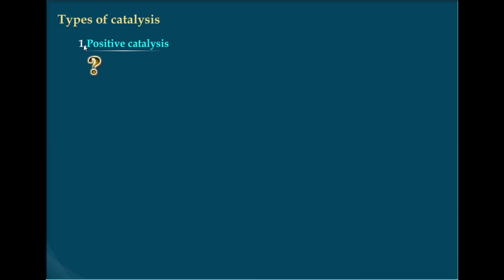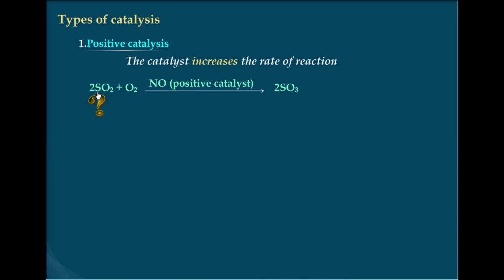Types of catalysis. The different types of catalysis. This is not given in your NCERT textbook, but you can simply understand. Positive catalysis: from the word itself, you can easily understand, the catalyst that increases the rate of a reaction is called positive catalysis. Example is given here, sulfur dioxide plus oxygen forming sulfur trioxide, with NO. It increases the rate of a reaction, so this comes under positive catalysis.